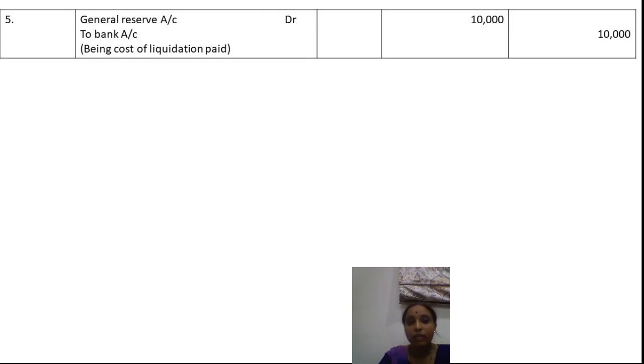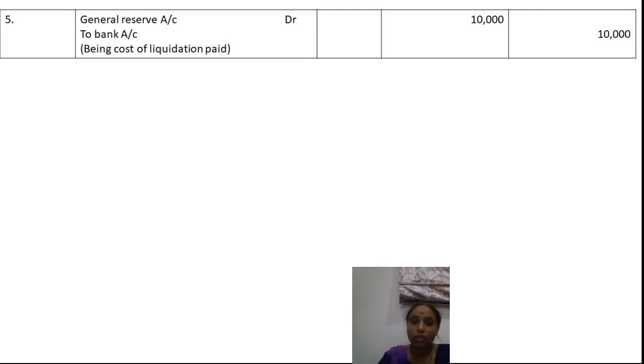A Company is going to incur the expenses of B Company. General reserve account debtor 10,000 to bank account 10,000. So from general reserve we are going to pay the liquidation expenses of B Limited. So these are the journal entries to be passed in the books of the transferee company A Company.